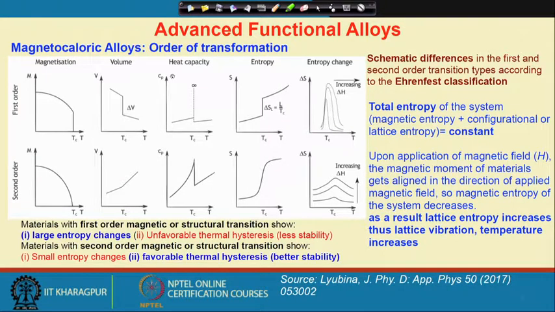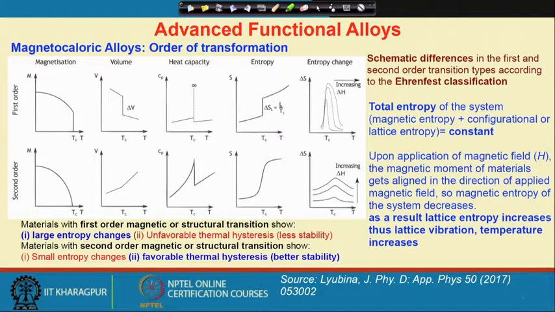But before going into all these details, once again we must look at the order of the phase transformation, what is desired and what is not. If we think about a first order transformation, this transformation could be magnetic in nature or it could be a structural phase transition.